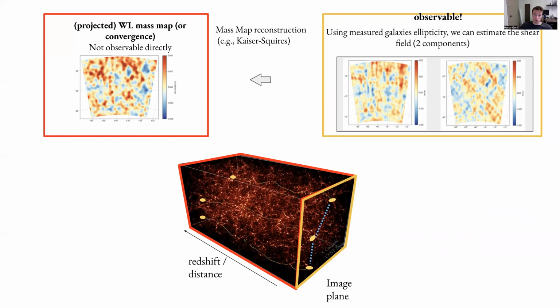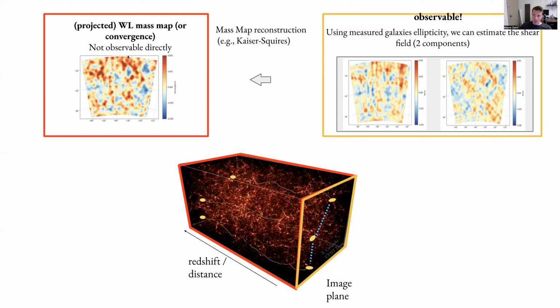So using some tools, and the most famous one is the Kaiser-Squires algorithm, you can go from maps of your shear field to the map of the convergence field, the so-called weak lensing mass map, which has a very nice physical interpretation. This is mass distribution integrated along the line of sight. So it's projected mass distribution.